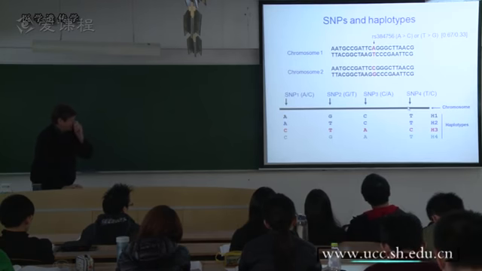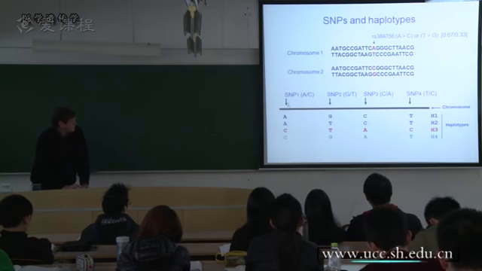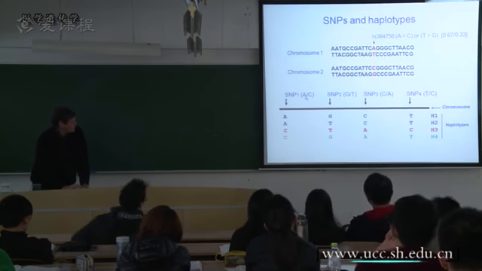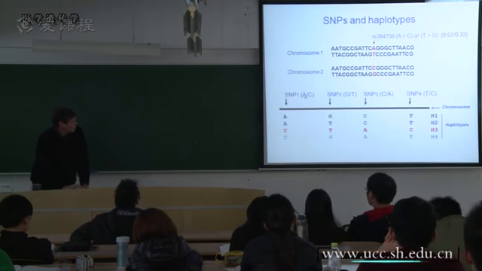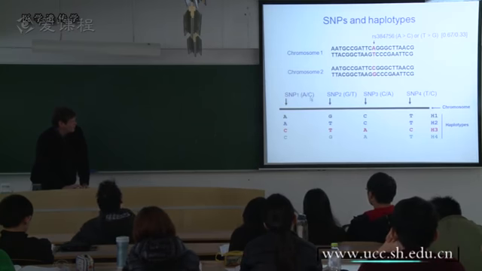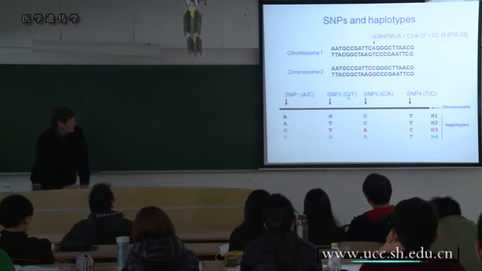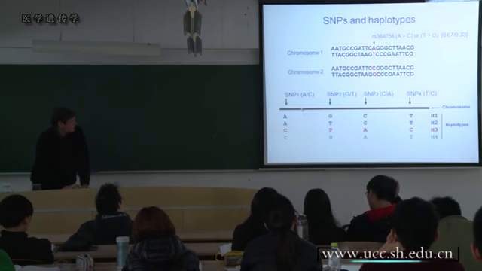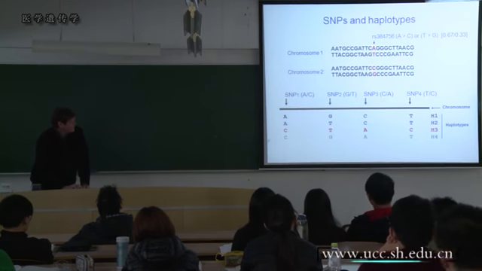So for example, one chromosome may have an A allele here, the other chromosome might have a C, and so on down the line. Because chromosomes undergo recombination, it's possible that all these different combinations of alleles might be found in the population as a whole.